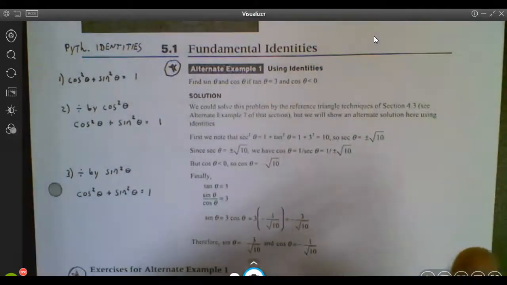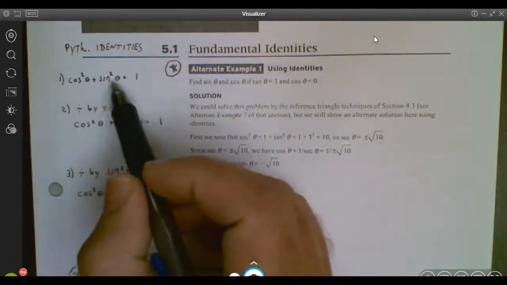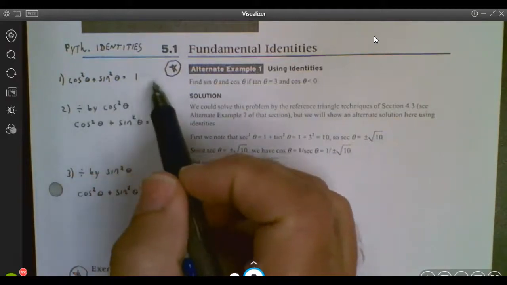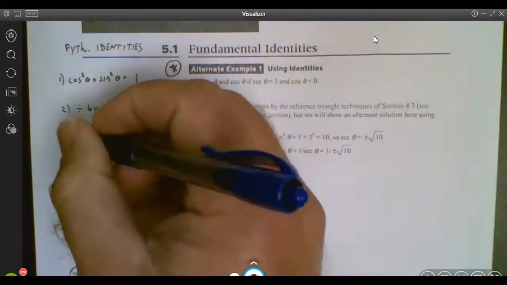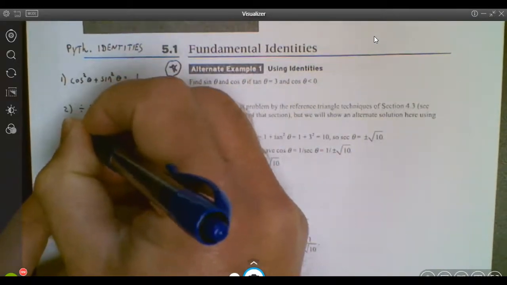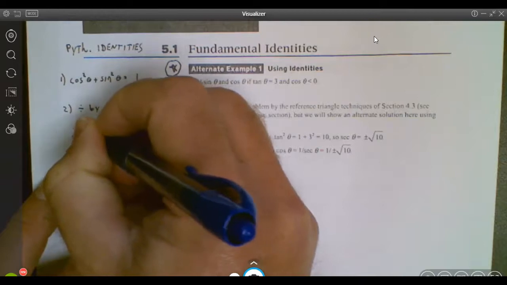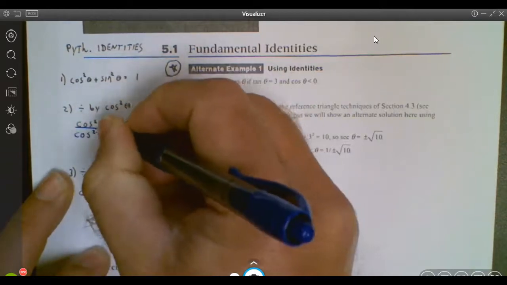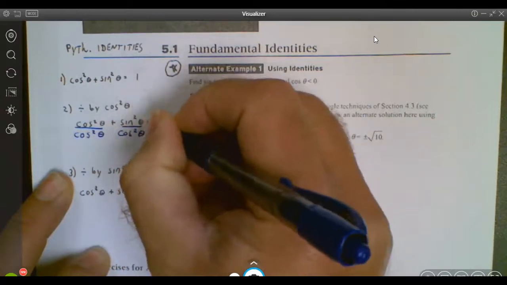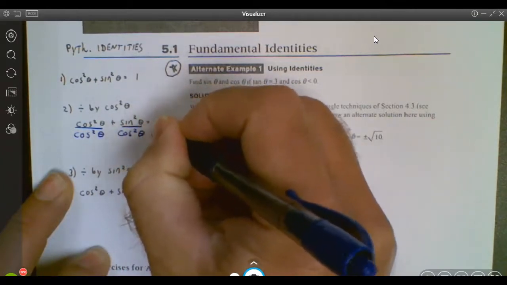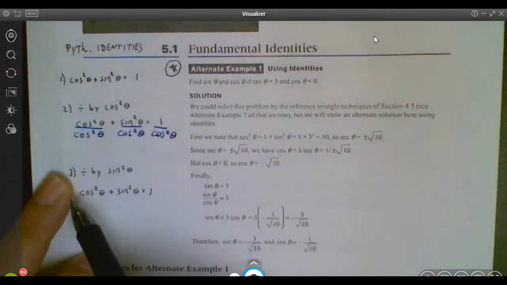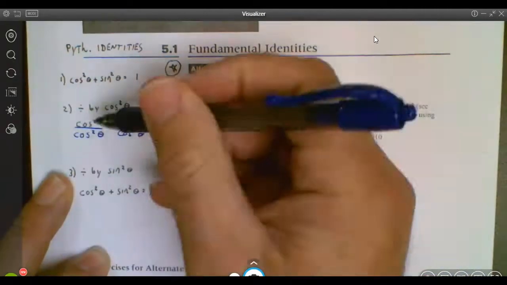So for example, if I took this identity right here, and if I divided all three terms by cosine squared, it produces another identity. So I'm going to divide all these guys by cosine squared. So I'm just taking the original formula, I'm dividing all of my terms by cosine squared, and let's see what we get.